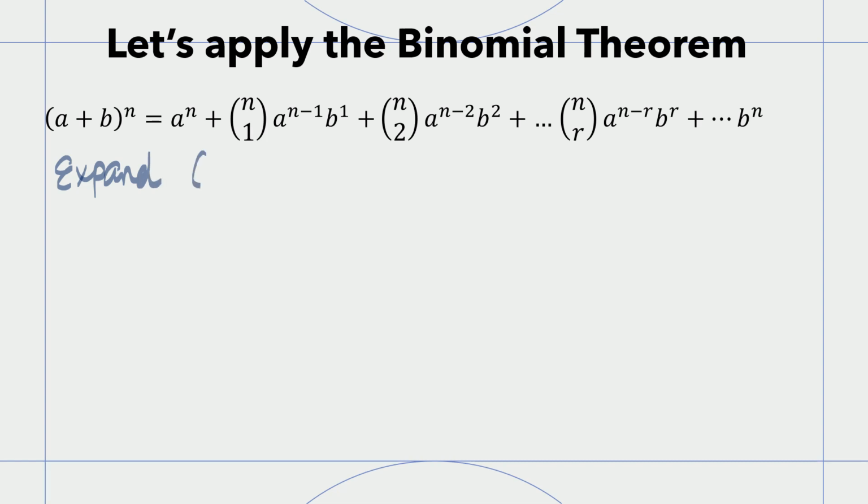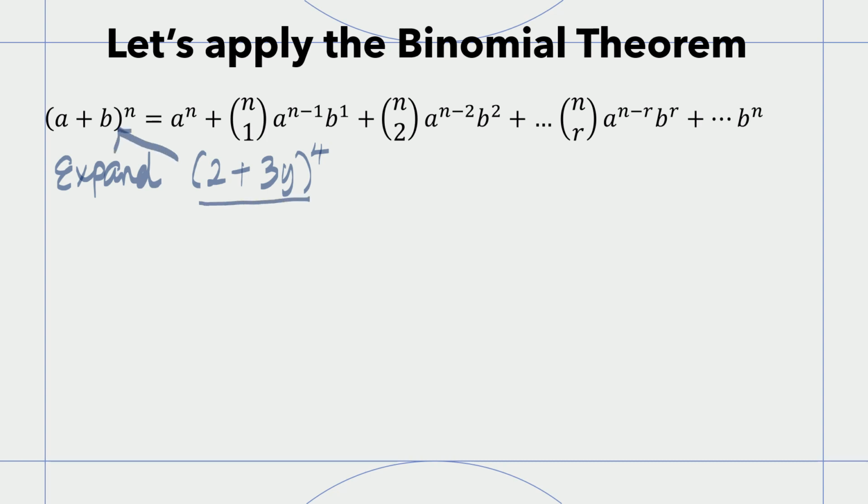Alright, let's start with something that is simple. Let's say, for example, (2 plus 3y) to the power of 4. Okay, I'm going to expand that. Right, so let's do a comparison of what you have with the formula.